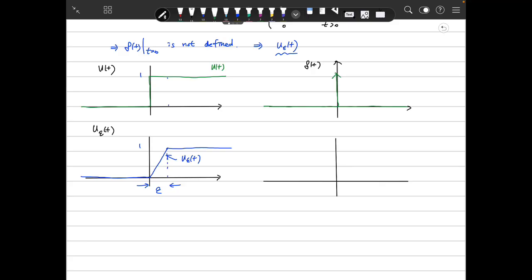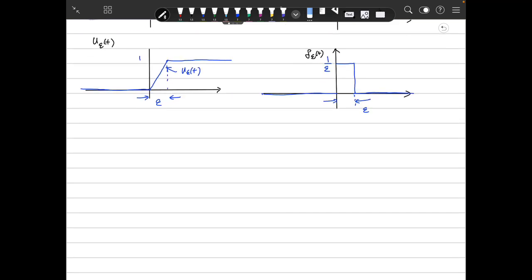But in the case of delta epsilon t, it looks like zeros, then some values, then zeros. Here is epsilon. Then the value is, what's that? 1 over epsilon. This is a delta epsilon function.